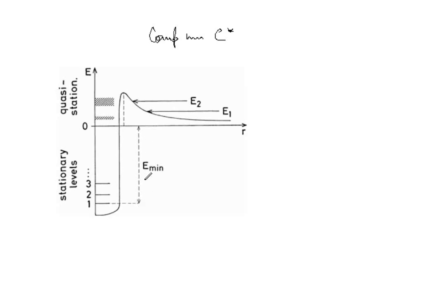This is basically the minimum excitation energy above the ground level for particle emission. So what we are seeing here is basically the different levels of the compound nucleus, C star. And you see these levels can be of various types.